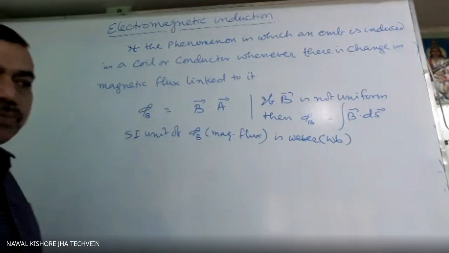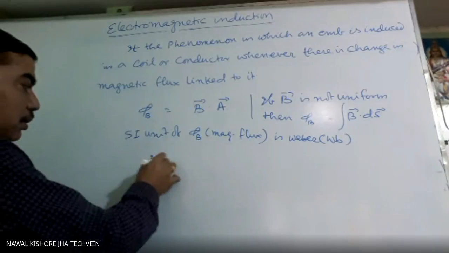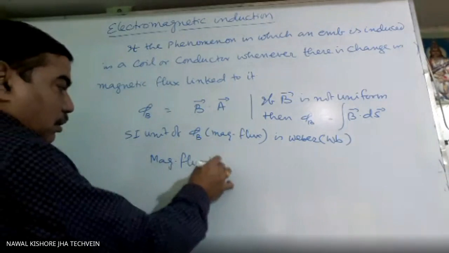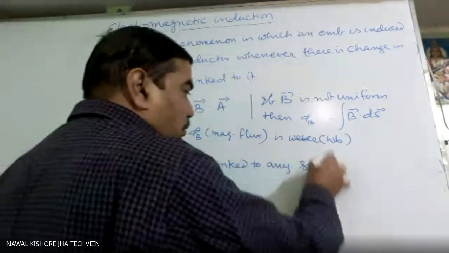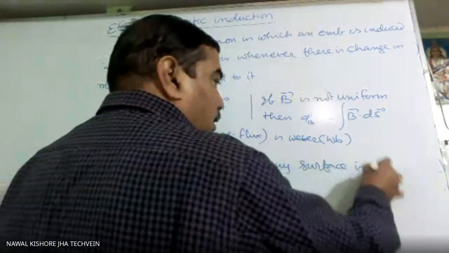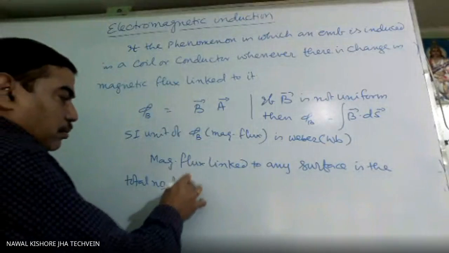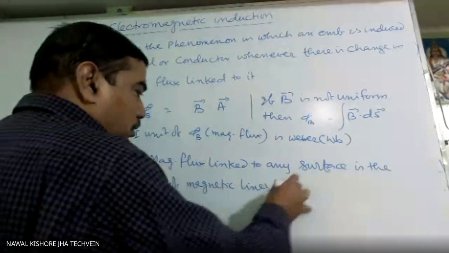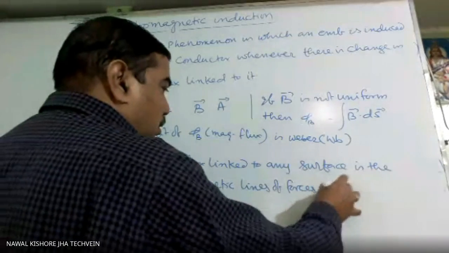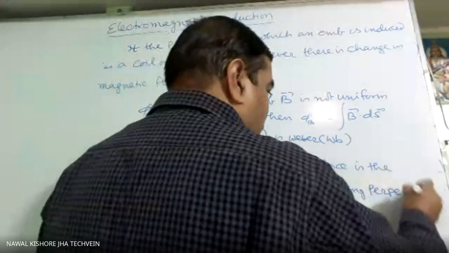So just for understanding, we can say magnetic flux linked to any surface, always it will be linked to any surface, is the total number of magnetic lines of force crossing perpendicularly to that area.